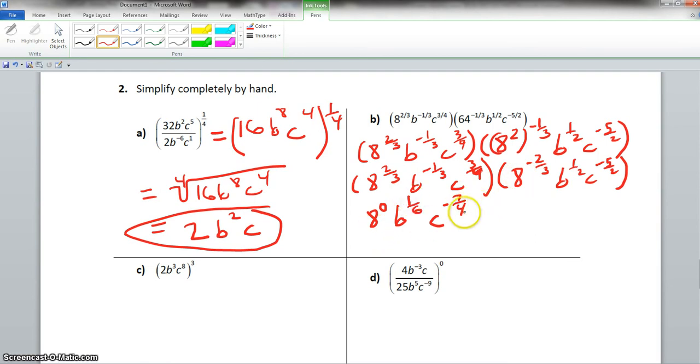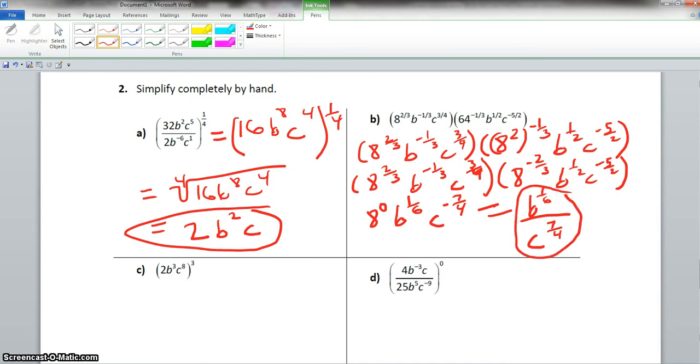So now we know that 8 to the 0 power is 1. We really don't have to write that, but we would have b to the 1/6 all over c to the negative 7/4. The c would go in our denominator. So it'd be c to the 7/4 power.